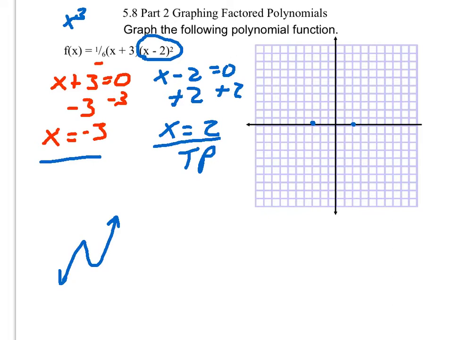I'm going to save that for once you get into pre-calculus, but we know that the graph is going to look something like that, where this turning point should be at 2. So that's all I really want you to do. I don't need you to plot a ton of points. The main thing is, can you figure out where these x-intercepts are?